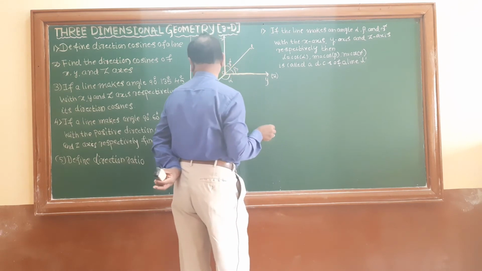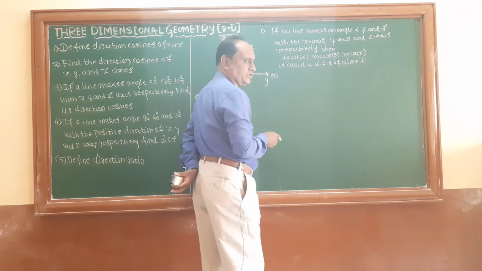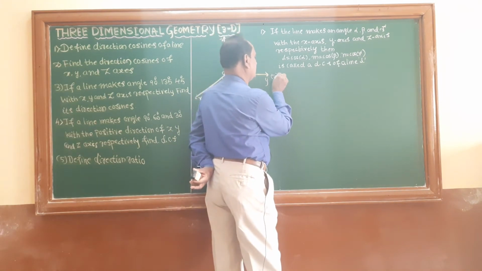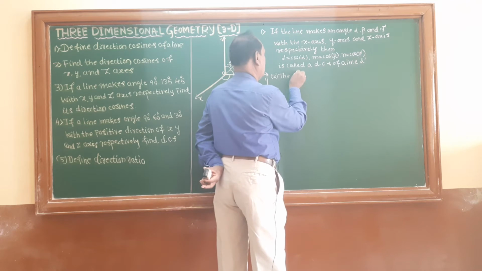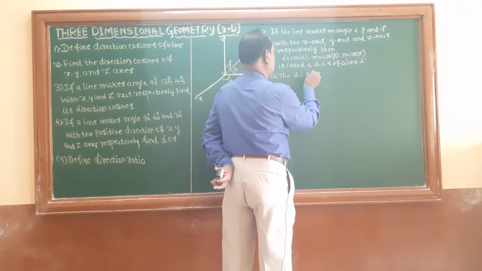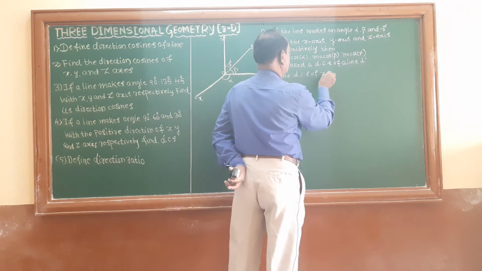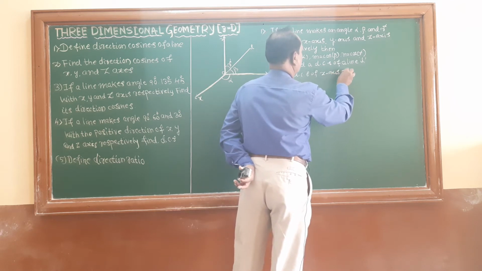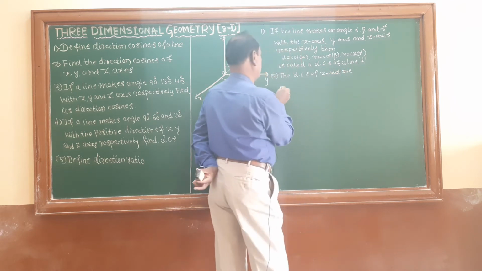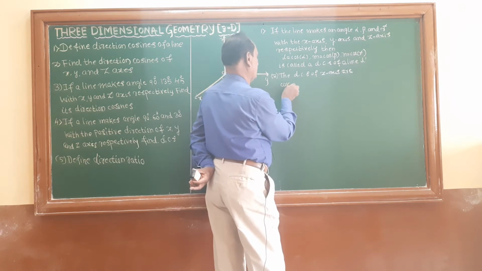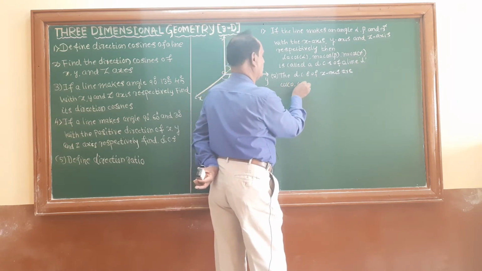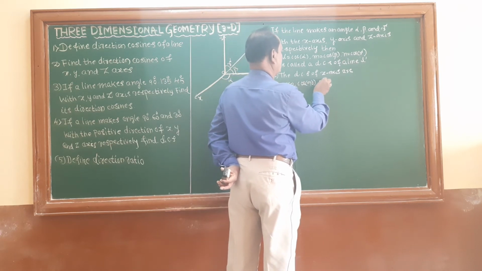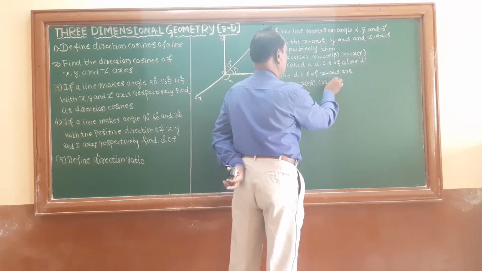Find the direction cosines of the x-axis, y-axis and z-axis. The direction cosines of the x-axis are cos 0, cos 90 and cos 90.